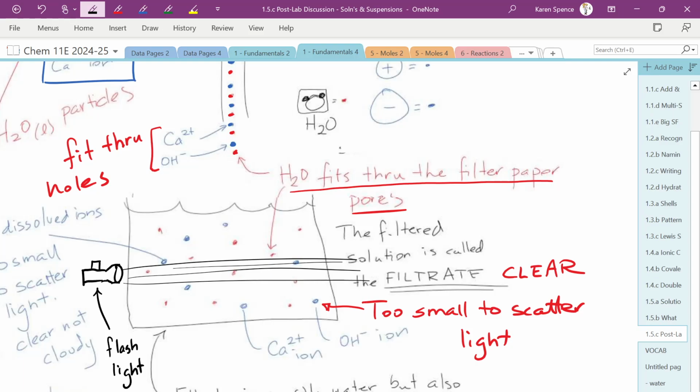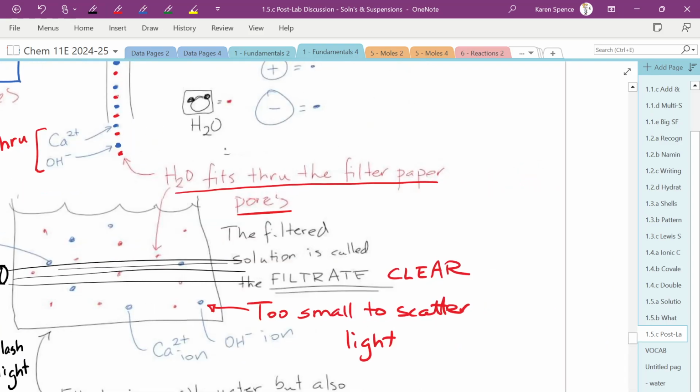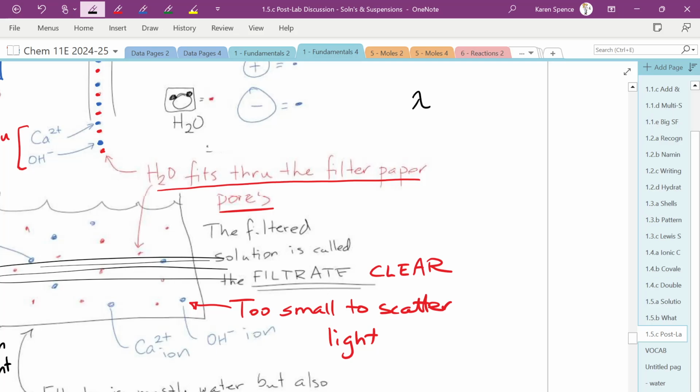And it has to do with the wavelength of light. Visible light is like hundreds of nanometers. The wavelength. You guys know that symbol for wavelength? It kind of looks like a wave, doesn't it? Anyway, that's lambda.